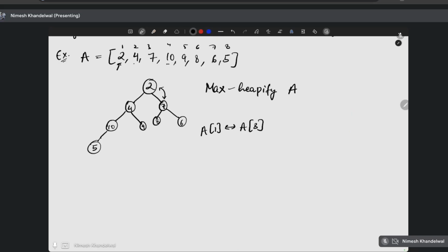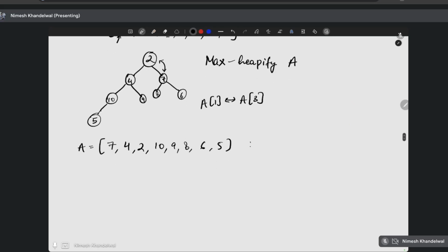right? So the array will become like this: 8, 6. And its equivalent tree will be like this.